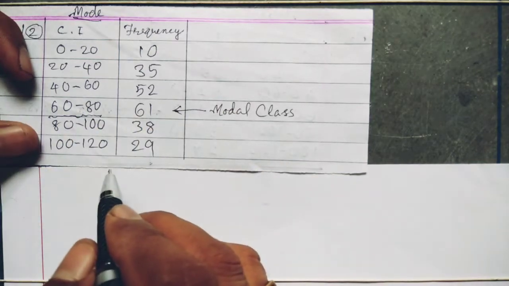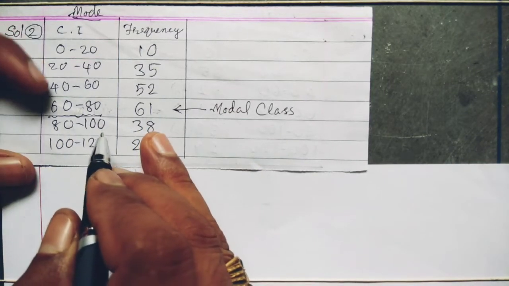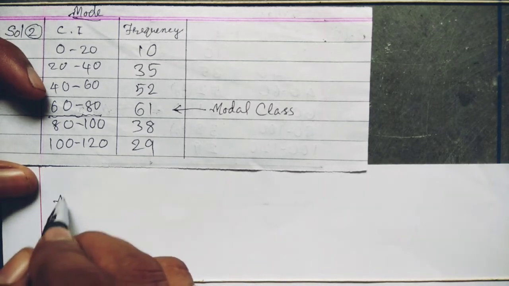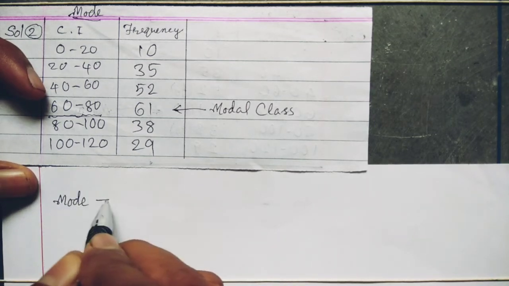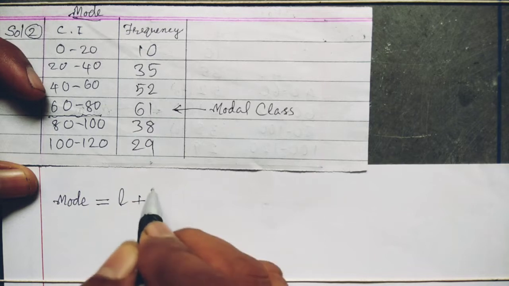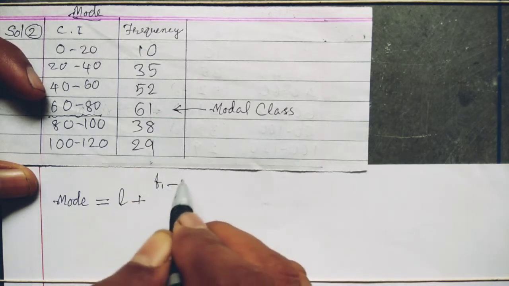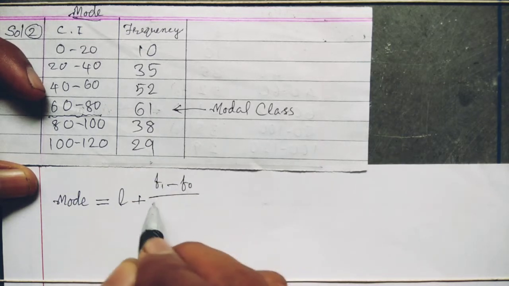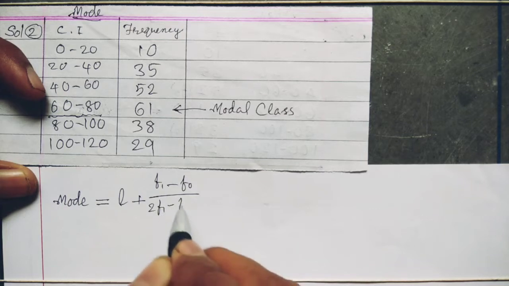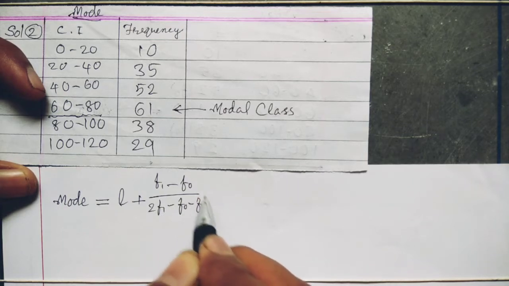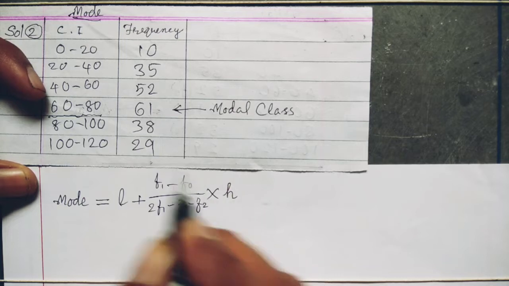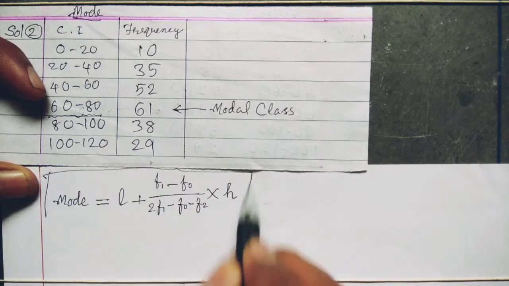Basing on this modal class, we can find the mode using the formula. Mode is equal to L plus f1 minus f0 by 2f1 minus f0 minus f2 into h. This is the formula to find mode.